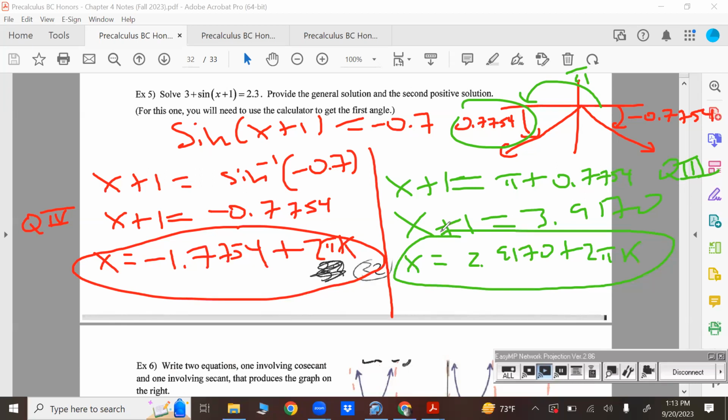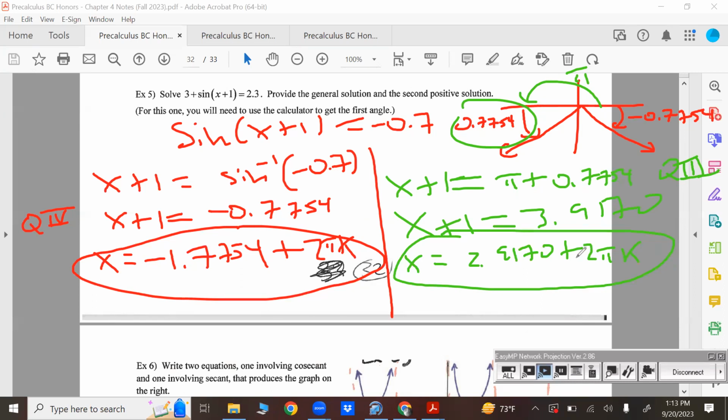And then for the second positive solution, if I plug in 1 for k for the first one, that's positive. And of course, if I plug in 0 for k in this green one, that's also positive. Actually, wait 1 sec.